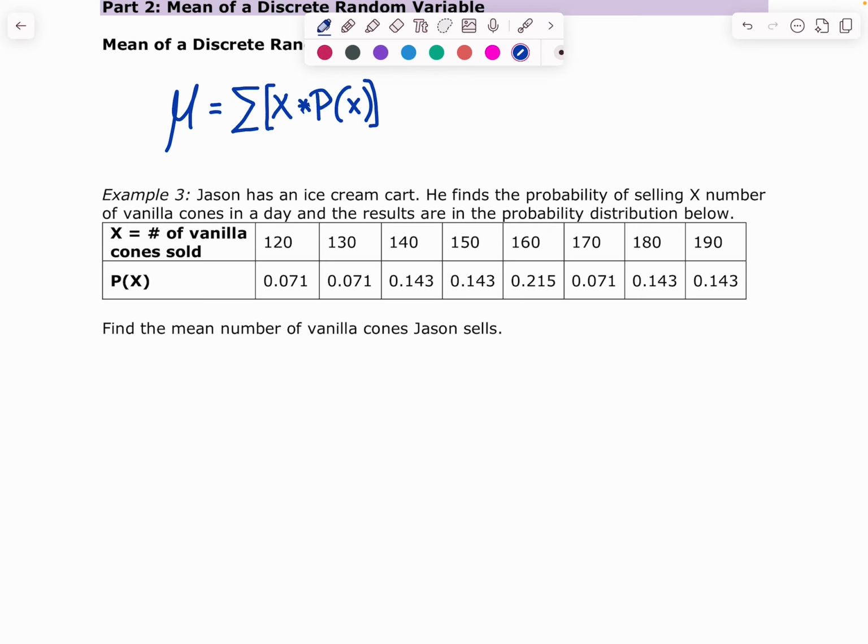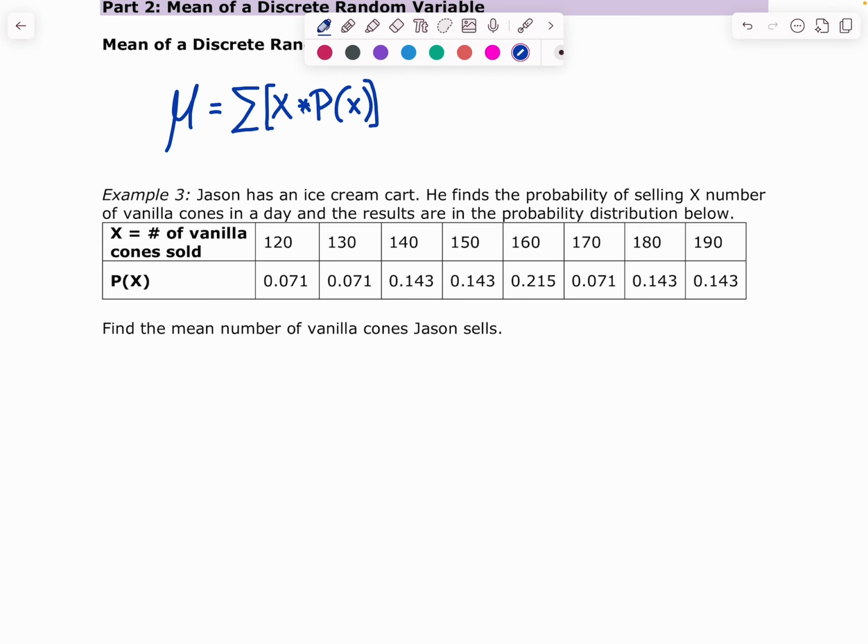So we have 120, 130, up to 190 cones sold, and then I have the probabilities for each of those. The probability that Jason sells 120 vanilla cones is 0.071. The probability that Jason is able to sell 160 cones is 0.215.